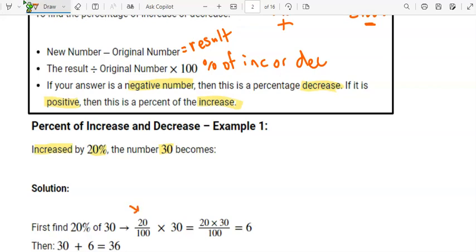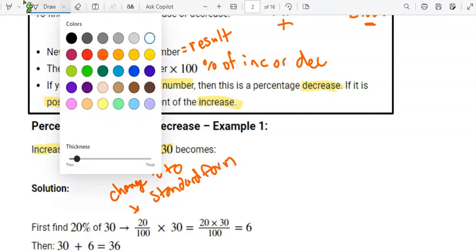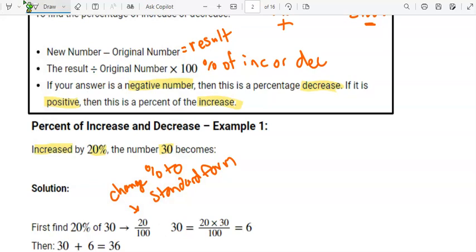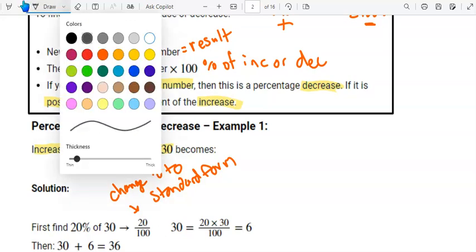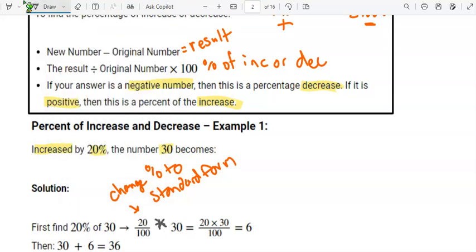So change to standard form, and multiply by 30. We get 20 times 30 over 100. 20 over 100 reduces to 1 over 5.